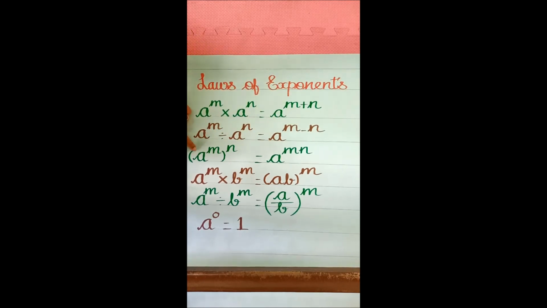Third law, a power m whole power n is equal to a power m n. A power m into b power m is equal to a into b whole power m. A power m divided by b power m is equal to a by b whole power m. The last one is a power 0: any value to the power 0, your answer will be 1.